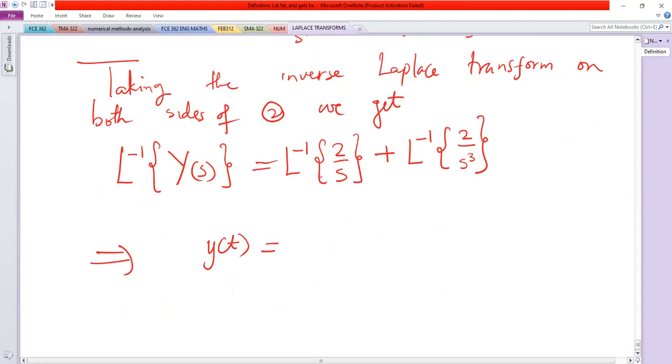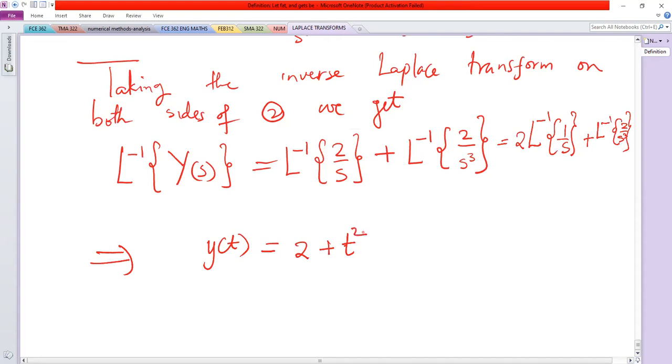This will give us 2, because this can be written as twice the inverse Laplace transform of 1 over s, whose function is 1, plus the standard Laplace transform, 2 over s cubed, which gives t squared.